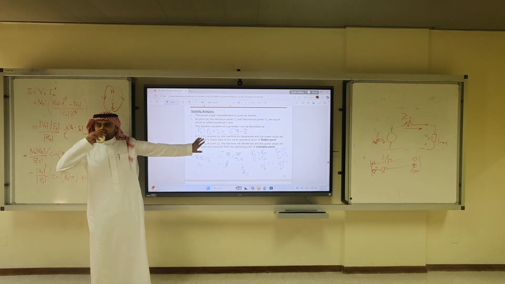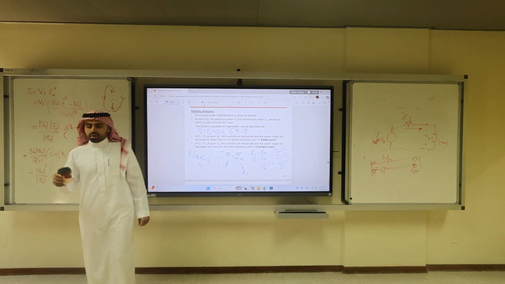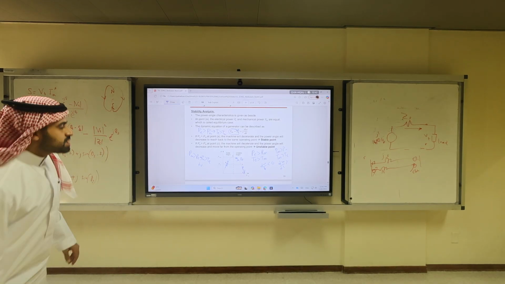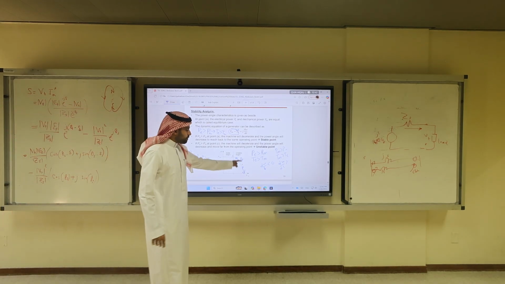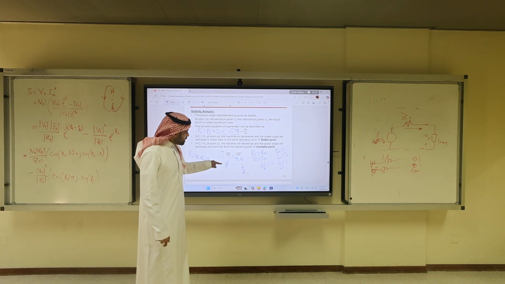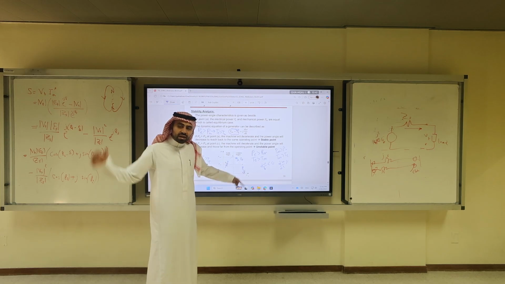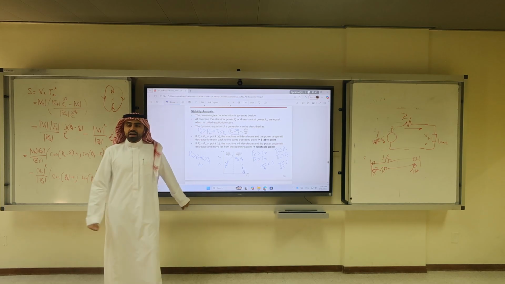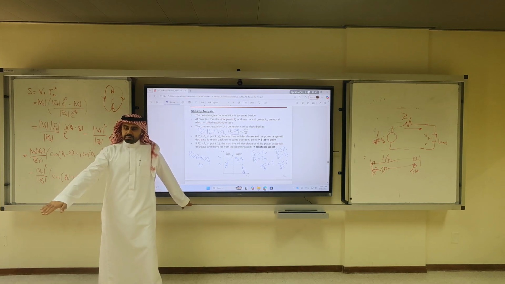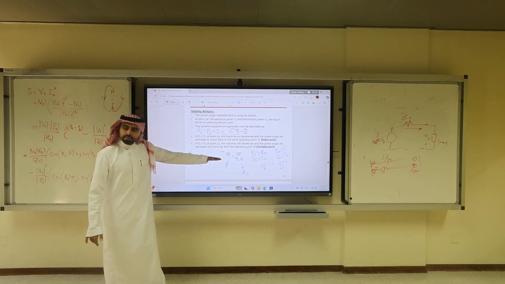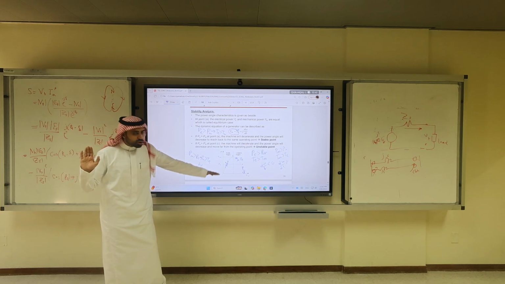Is this curve for any machine in the world, or a specific machine? No, this is a synchronous generator curve for every synchronous generator. The constant line is the prime mover, mechanical power that is fixed, constant. If you push more gas, this will go up. If you have a little gas, this will go down.